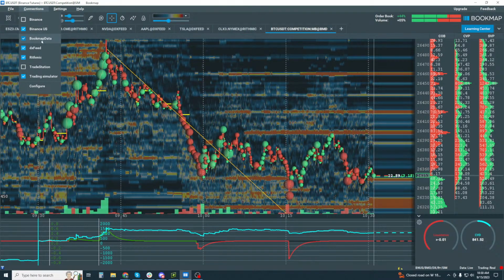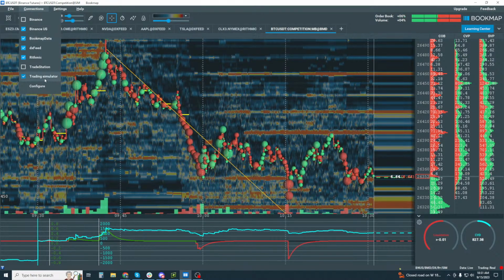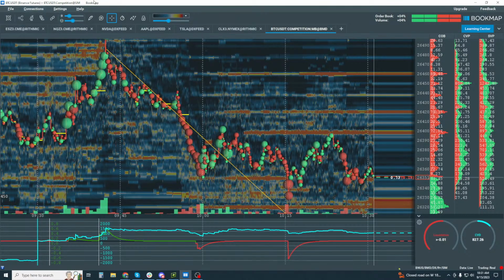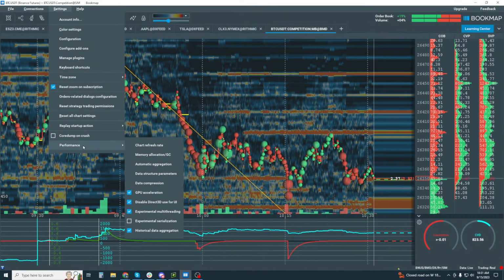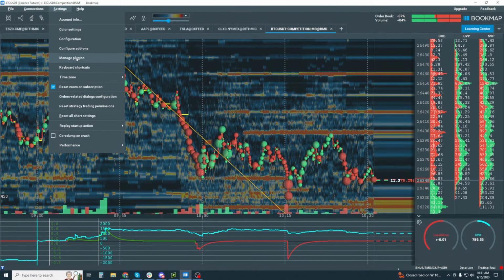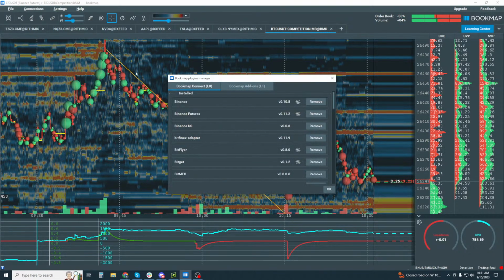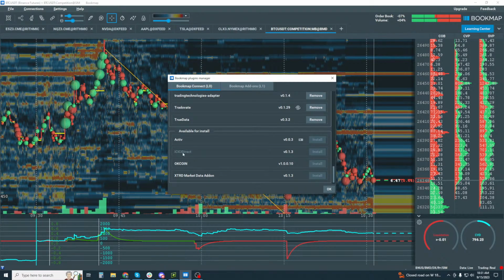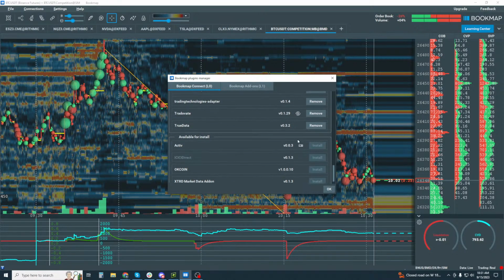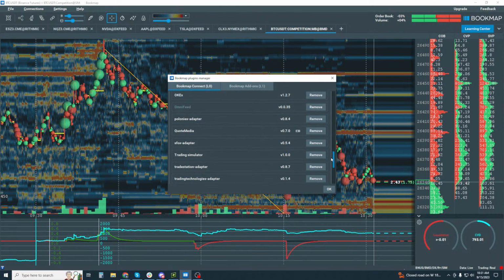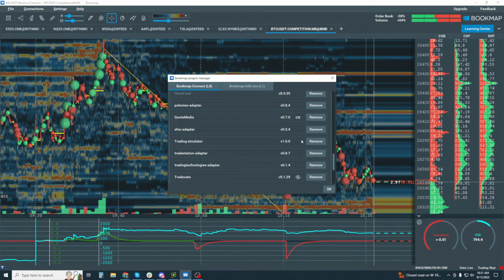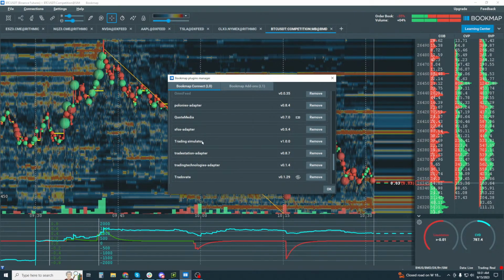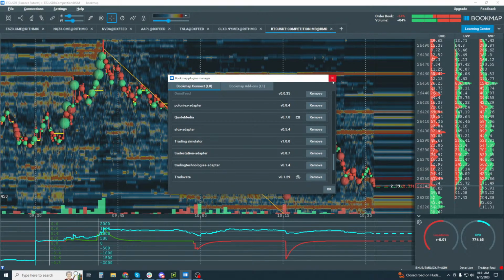This is our data, Bookmap data. You have to establish a connection to that, and then go into the settings here, manage plugins, then Level 0, Bookmap Connect. You'll scroll down and you'll probably see the trading simulator down here. You'll need to install that, and once it's installed, it's here. That is your trading account in Bookmap.